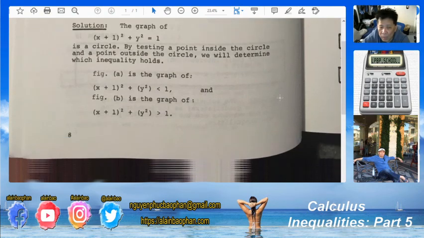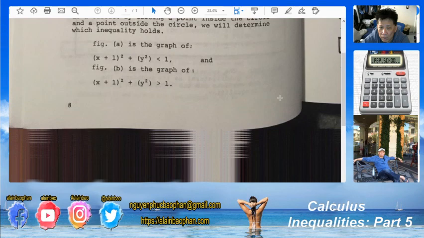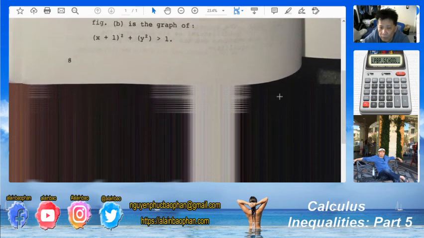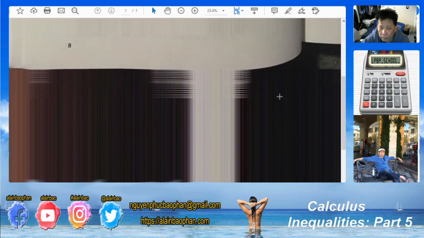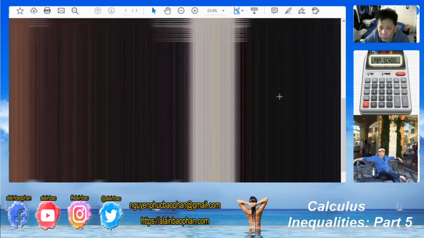In part 1, we introduce absolute value, and we show inequality of one variable.